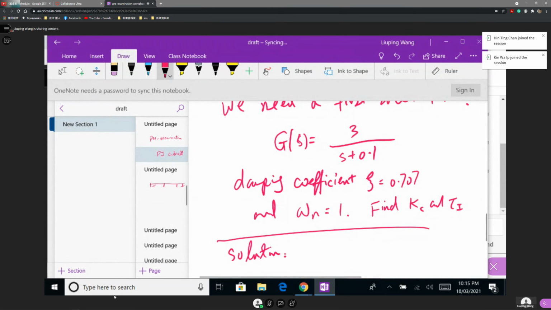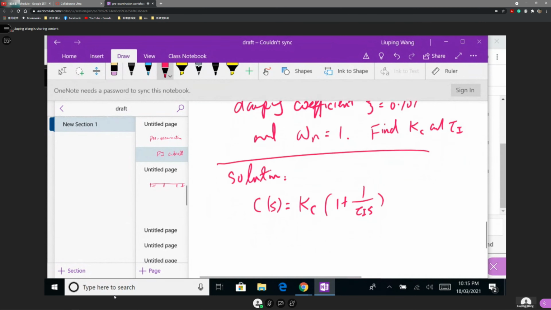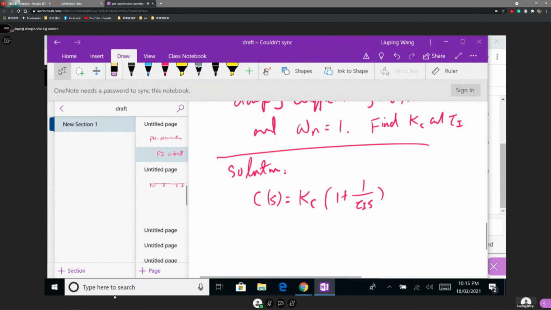Your controller C of S is equal to KC times 1 plus 1 over tau I S. So I write it in terms of this structure.